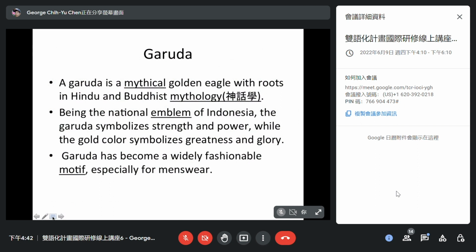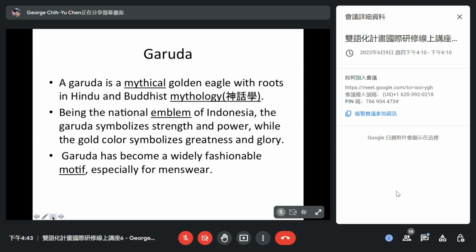And when you go to Indonesia, you'll see this mythical golden eagle in many places. And the national airline of Indonesia is named after this bird, called Garuda Indonesia.